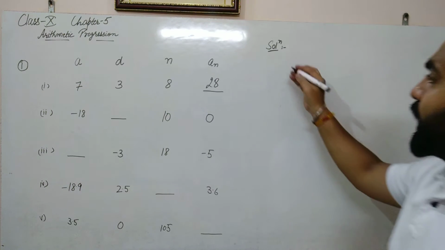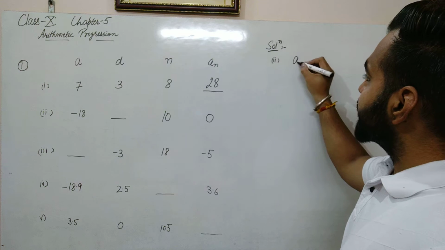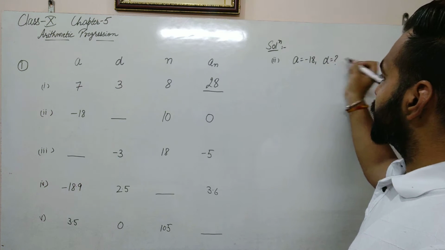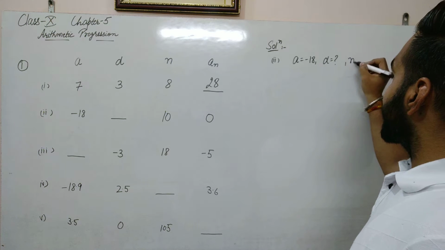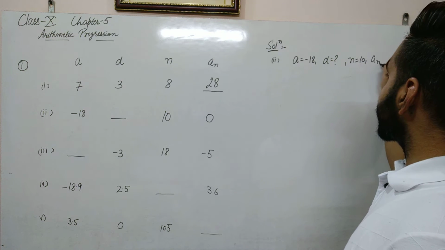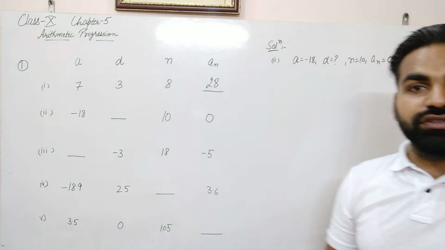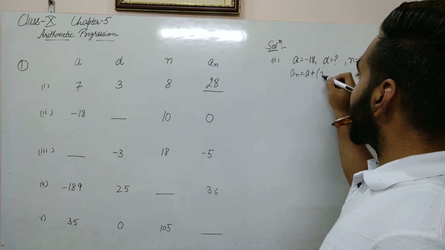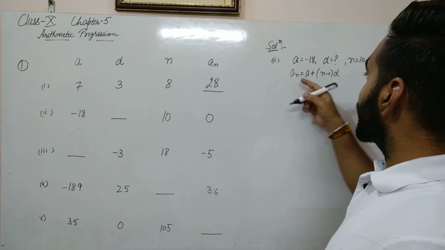Let us see the second part. a is given, minus 18, d is unknown, n is 10 and an is 0. So again we will use the formula of an. An is equal to a plus n minus 1 into d. Put values here.